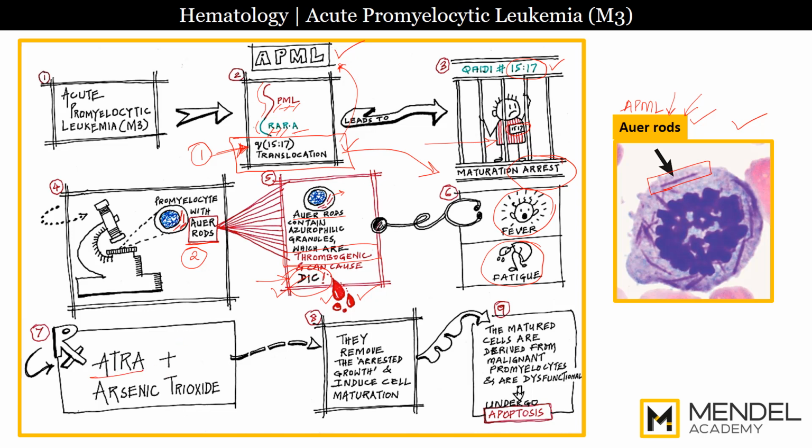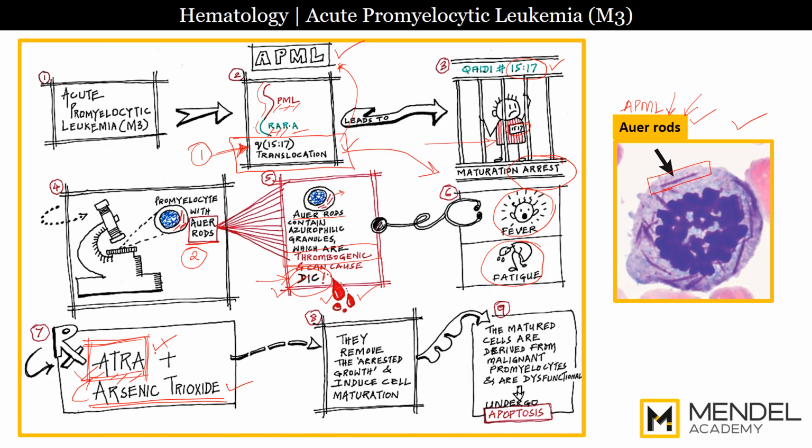Now, there is this very interesting treatment called as ATRA, which was a breakthrough treatment because this was perhaps the first type of leukemia which was completely curable because of initiation of ATRA. Now, ATRA stands for all trans retinoic acid. The second one that is used along with ATRA is called arsenic trioxide. Now, this has been used historically and this has been found to be effective.